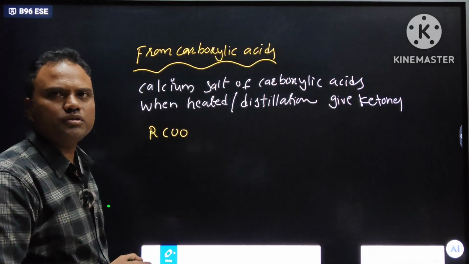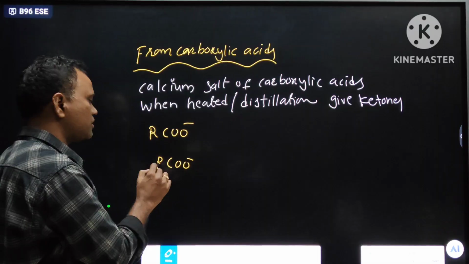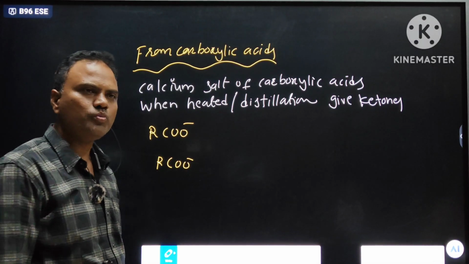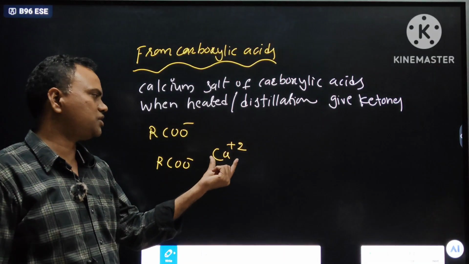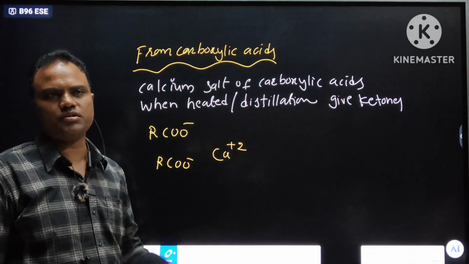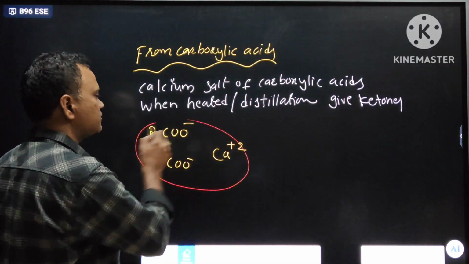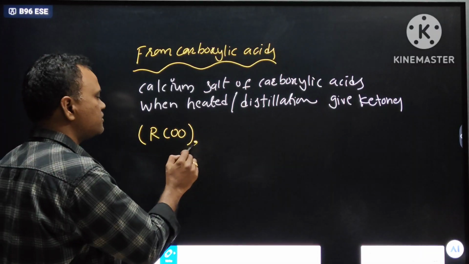RCOO. You tell me. Carboxylate ion. This is carboxylate ion. Correct, na? How many negative charges are there? 2. Plus 2. So can one Ca2+ compensate 2 negative charges? Yes. So I am writing this complete structure like this: (RCOO)2Ca.